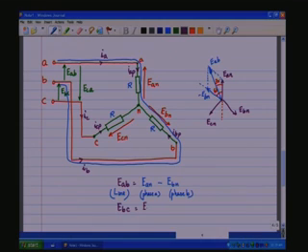Likewise, ECA. So, for ECA we are considering this loop as shown by the cursor.